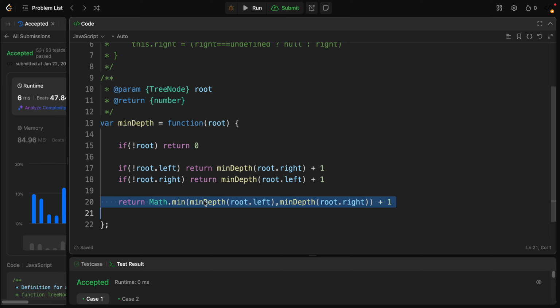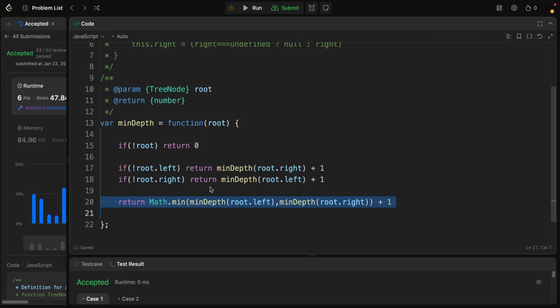This line is part of the recursive solution to calculate the minimum depth of a binary tree. Let's understand what it does. First, we have minDepth of root.left, which calculates the minimum depth of the left subtree of the current node by making a recursive call.